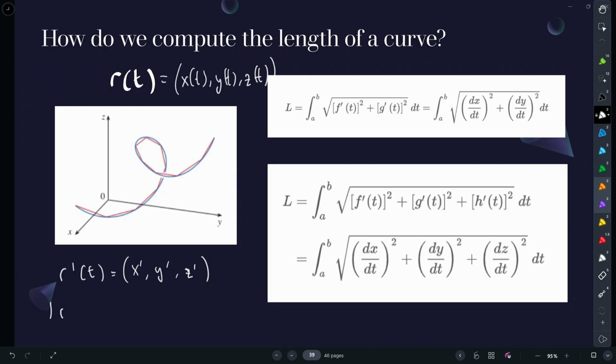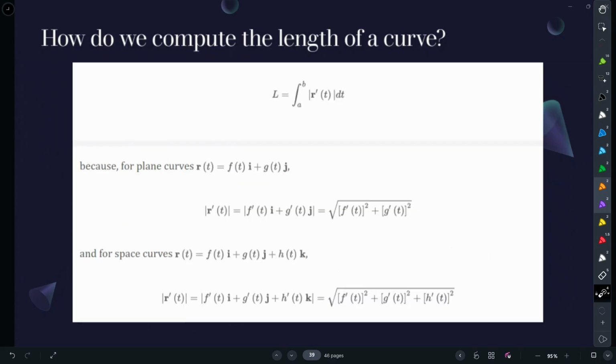And then the length of that vector would be the square root of x prime squared plus y prime squared plus z prime squared, which is precisely what I have here. So this integral for arc length is just integrating the lengths of tangent vectors from one place to the other on the curve, between time a and time b, whatever piece of the curve you've traveled from time a to time b.